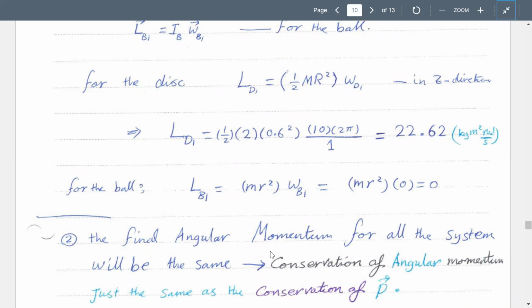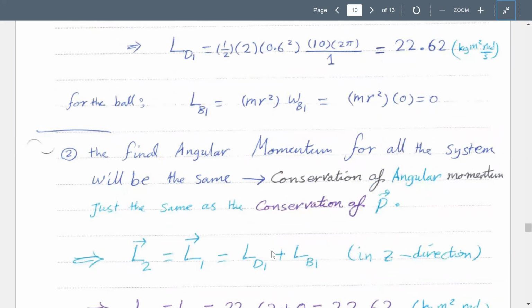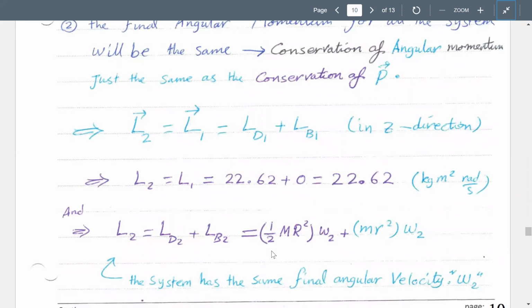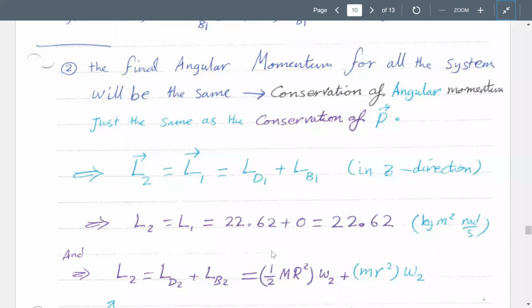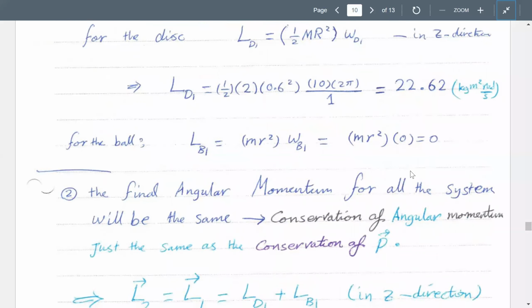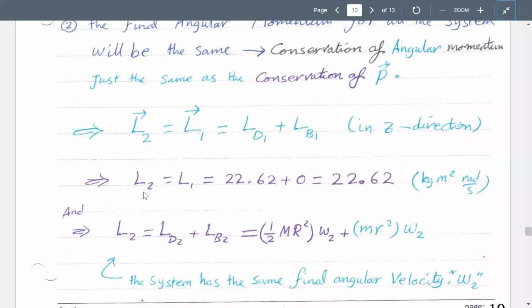What is the final angular momentum? The angular momentum should be conserved. So the final angular momentum should be equal to 22.62. So L2 should equal L1, the angular momentum of the disk plus the angular momentum of the ball, which is 22.62 with its units.